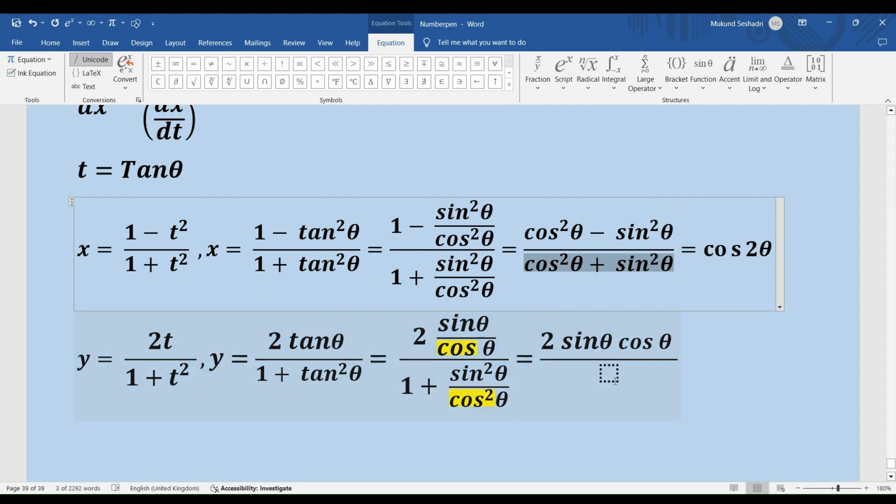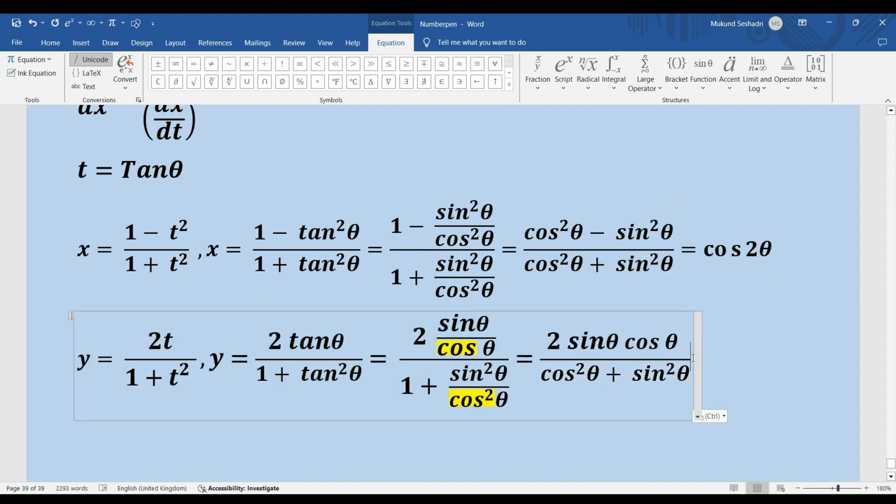And what is my cos square theta plus sine square theta? It is nothing but a 1. So there I have my y also expressed in terms of theta. I have it as sine 2 theta. So now I have my y in terms of theta, I have my x in terms of theta.